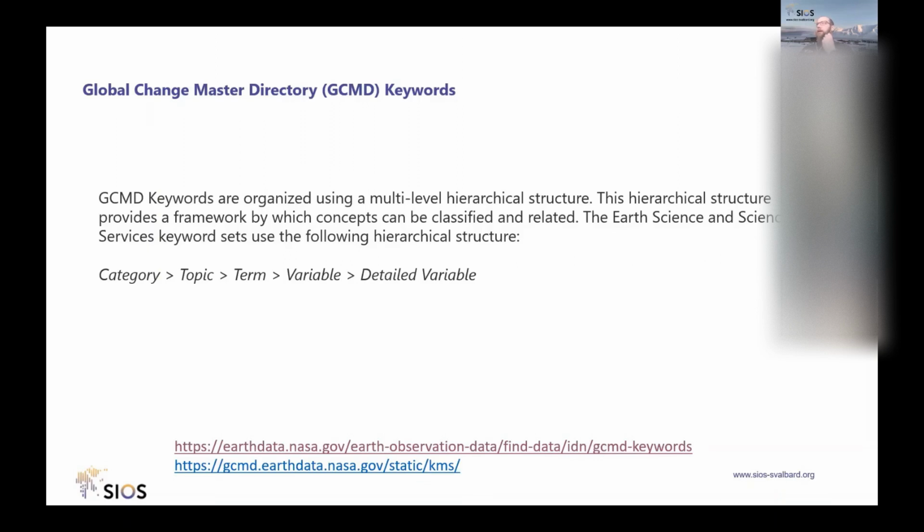GCMD keywords are a hierarchical set of controlled Earth system vocabularies that help ensure Earth science data, services, and variables are described in a consistent and comprehensive manner and allow for the precise searching of metadata and subsequent retrieval of data, services, and variables. Initiated over 20 years ago, the GCMD keywords are periodically analyzed for relevance and will continue to be refined and expanded in response to the user. I will show you how we can join that.